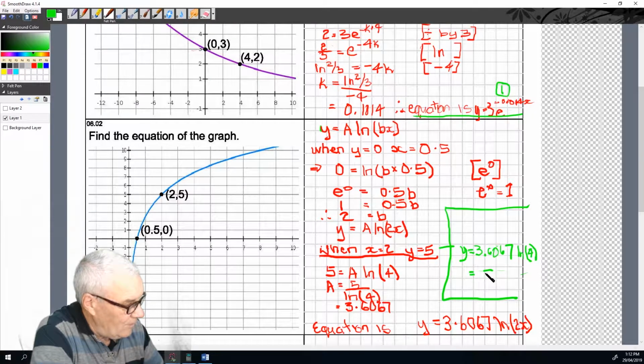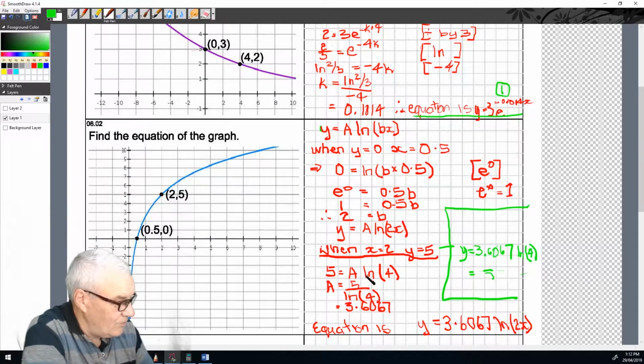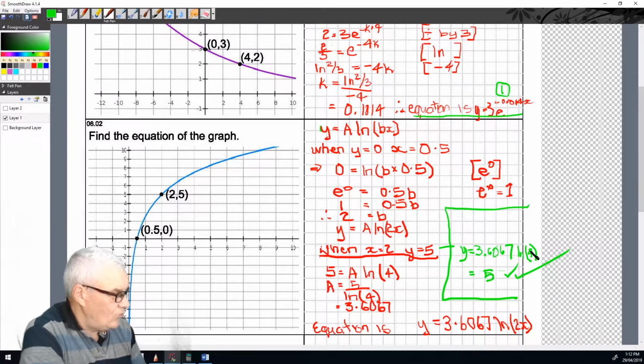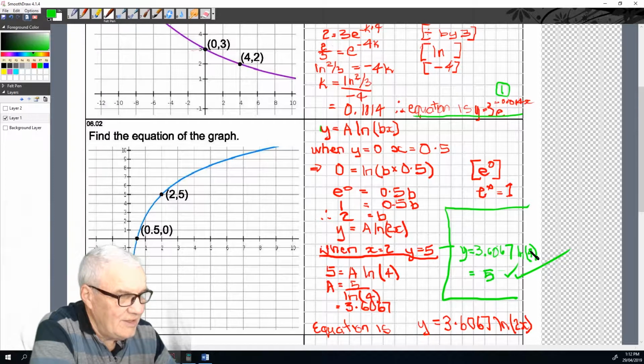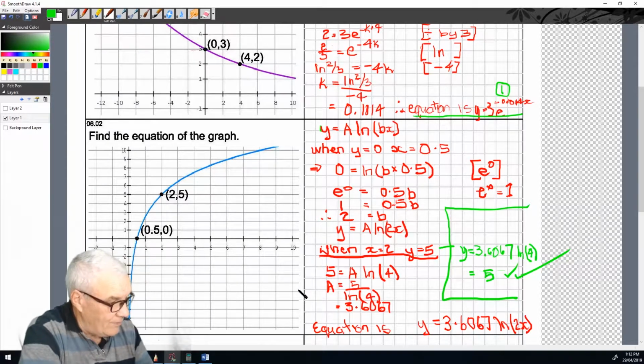Yep, I'm happy with that. Equals 5. 2 ticks. 2 ticks of approval. Even went off the page. Look at that.